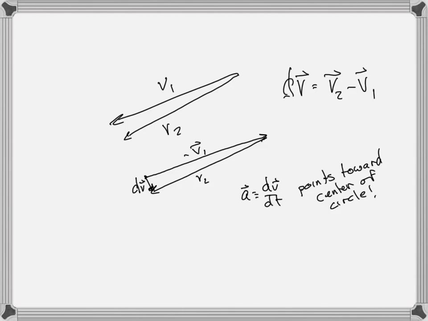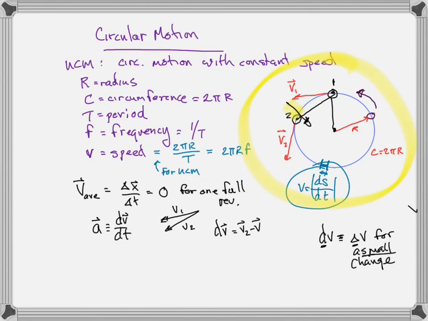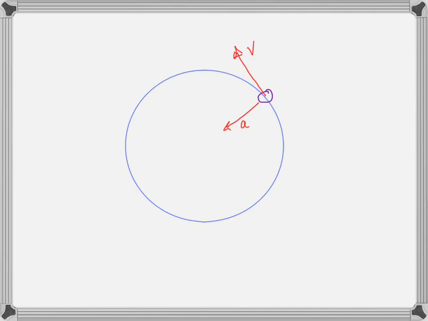So that's one interesting thing, is that for an object moving in a circle, there is an acceleration towards the center of the circle. For an object moving in uniform circular motion, there is an acceleration pointing towards the center of the circle.